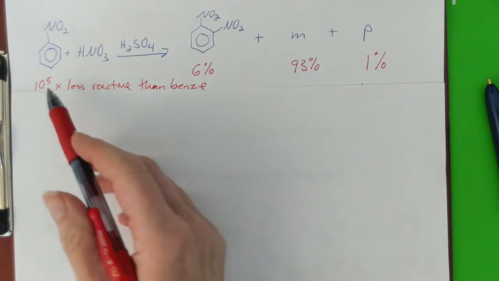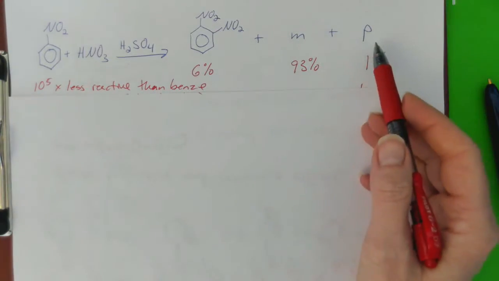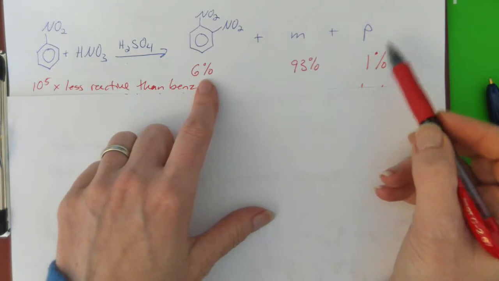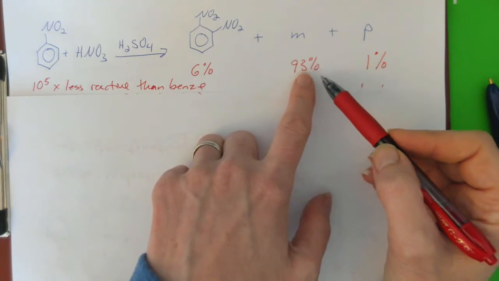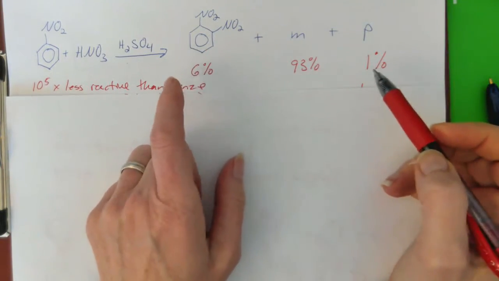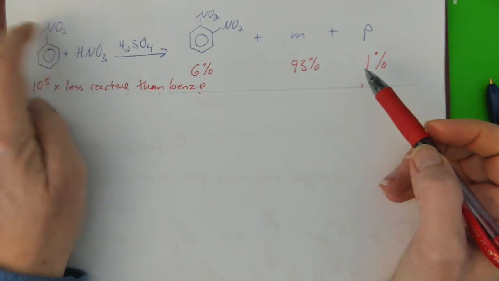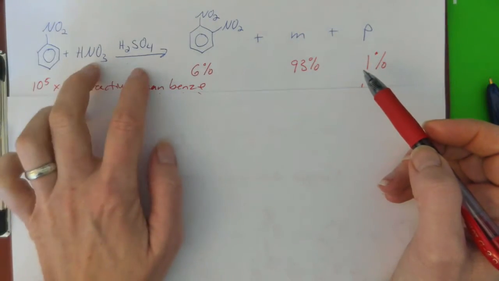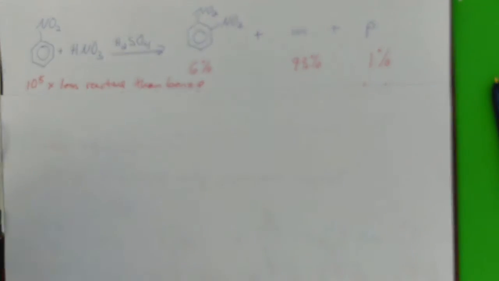But let's look at if we are able to get this to react, what we end up seeing is that we don't end up with much of the ortho and the para product. We get primarily the meta product. So we want to be able to explain this regiochemical outcome. Why is it that with this deactivating group, when we nitrate it, we get mainly the reaction occurring at the meta position?